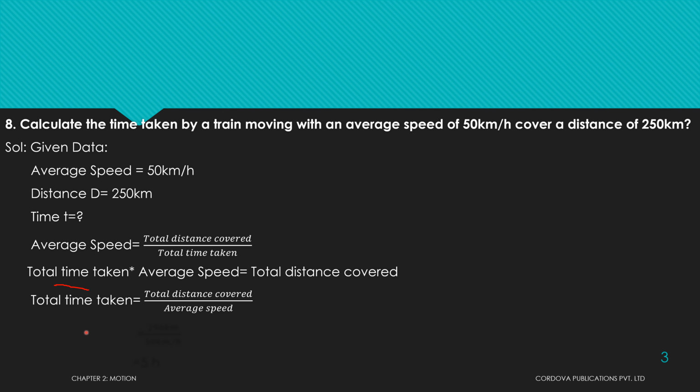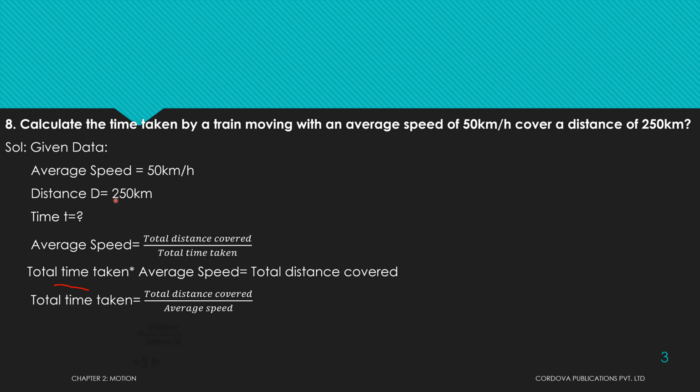So this is the formula. We have just changed this formula. I hope it's clear. Even if they ask you to calculate the distance by giving the time and average speed, then keep the distance on one side of the equal to, and remember that the distance should be in the numerator, not in the denominator, right?